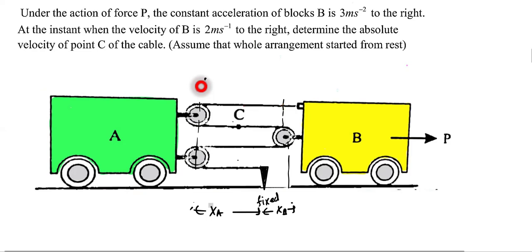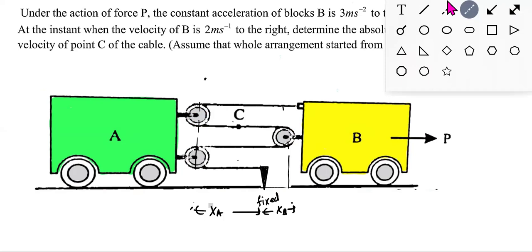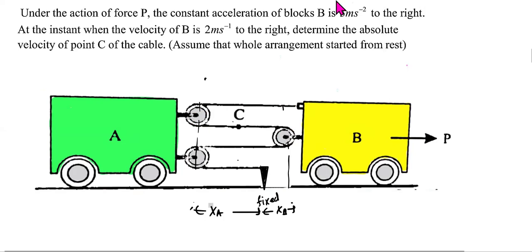Okay, the reference point, I'll show it clearly. We'll choose this as a reference. This was the reference we have chosen. So this length of the string corresponds to XB.